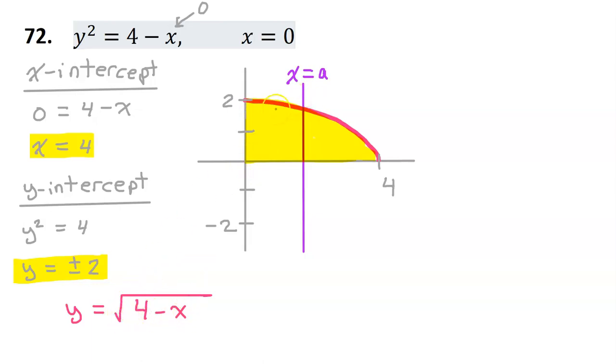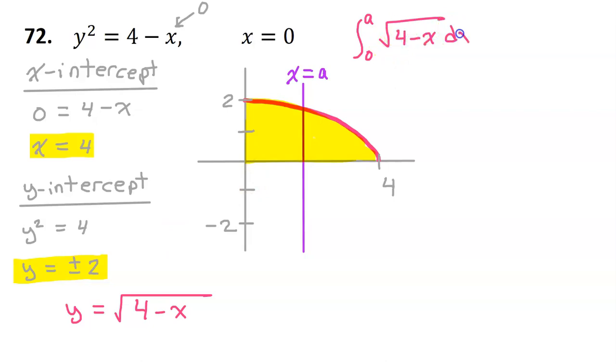x. For the area on the left, we need to integrate from 0 to a. We don't know what a is yet, but it's some constant. So the integral from 0 to a of the square root of 4 minus x dx.